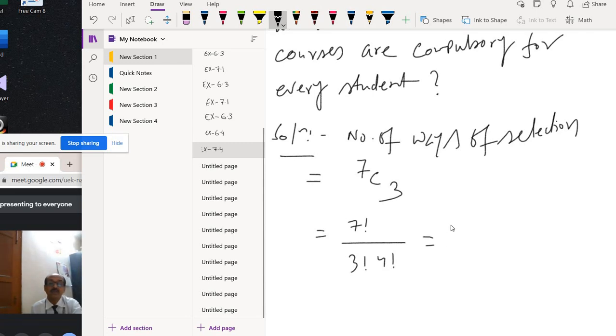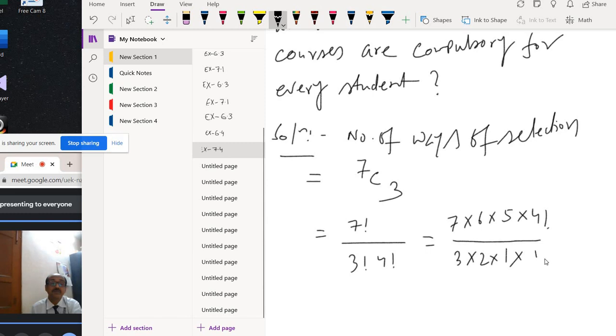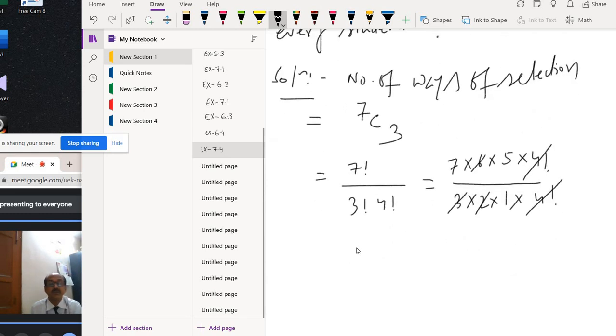So 7 into 6 into 5 factorial by 3 into 2 into 1 into 4 factorial. 4 factorial cancels. 3 2s are 6, so 6 cancels. 5 into 7, 35.